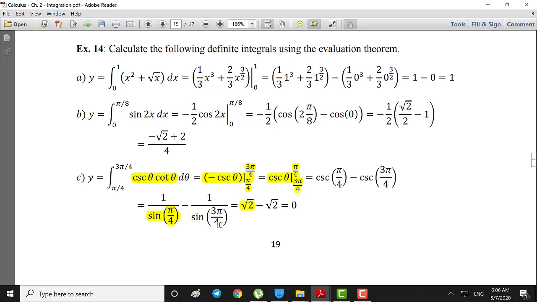So sine of 3 pi over 4 is equal to sine of pi minus pi over 4, which is equal to sine of pi over 4, right? So for this second one, we also have 1 over a square root of 2, and 1 over a square root of 2 is equal to a square root of 2, and the final result turns out to be equal to 0.